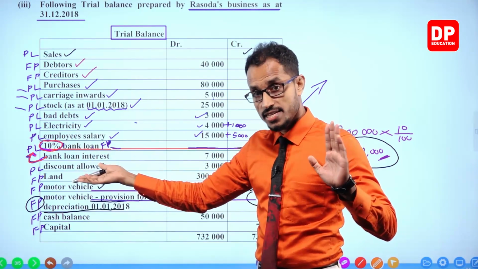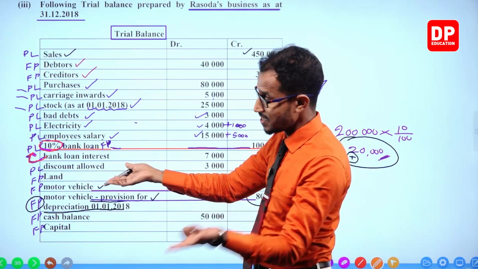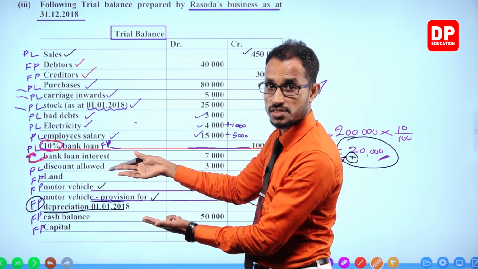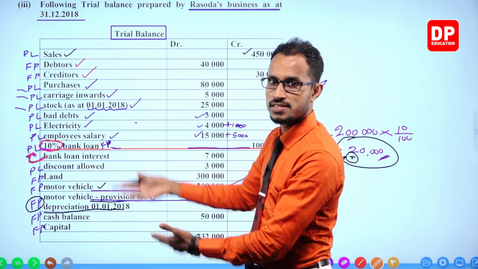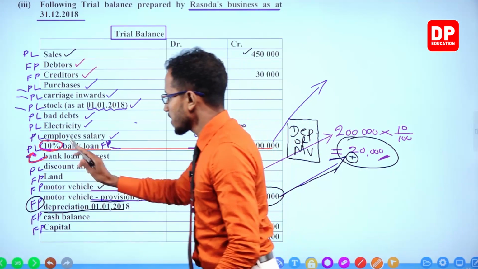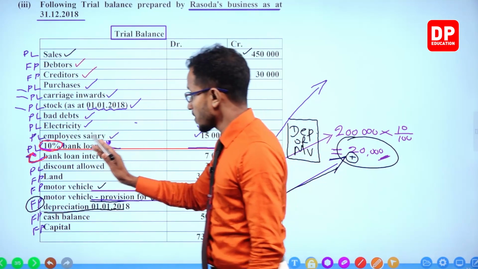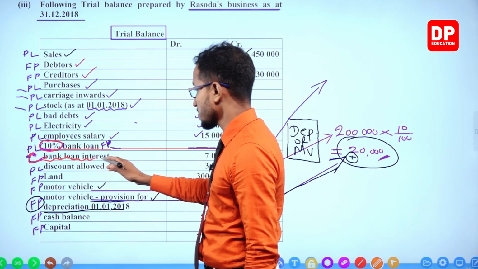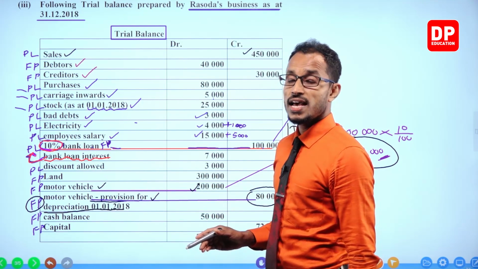We mentioned the interest in the SOPL, profit or loss statement, under financial expenses. Not only that, but also pay attention to the next item.